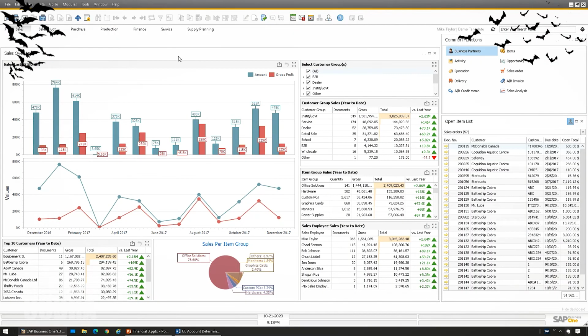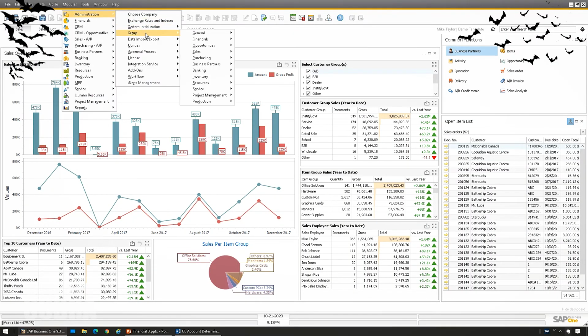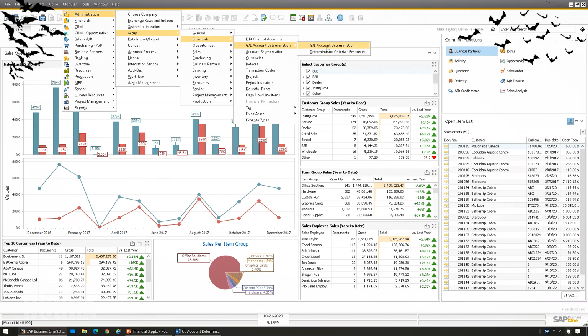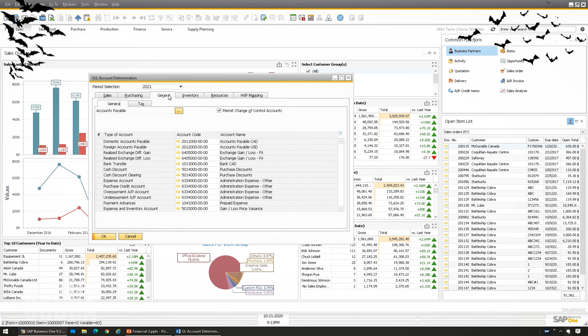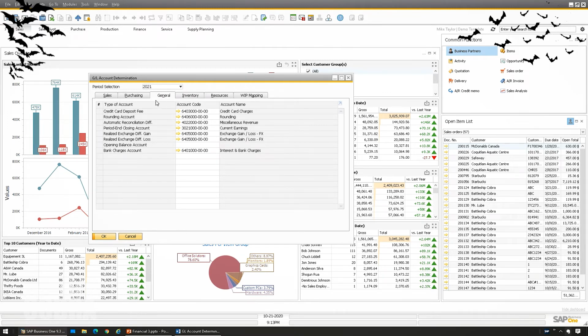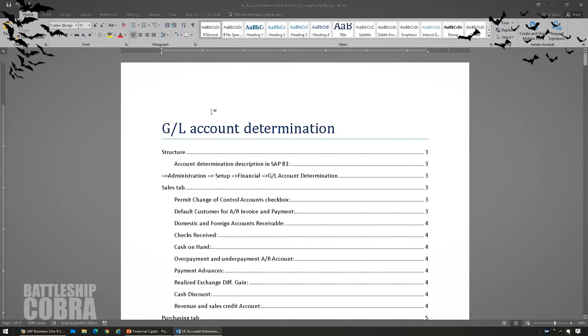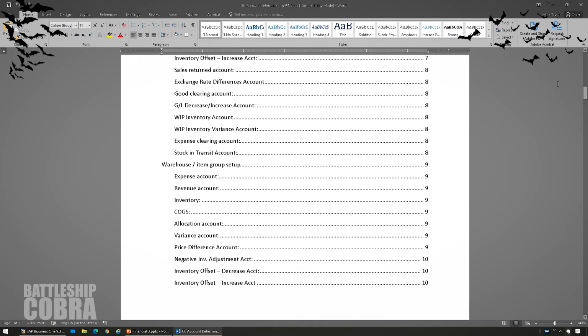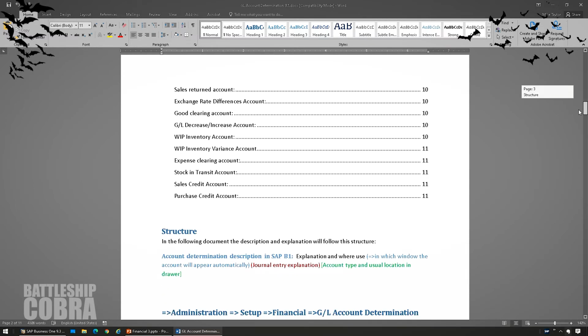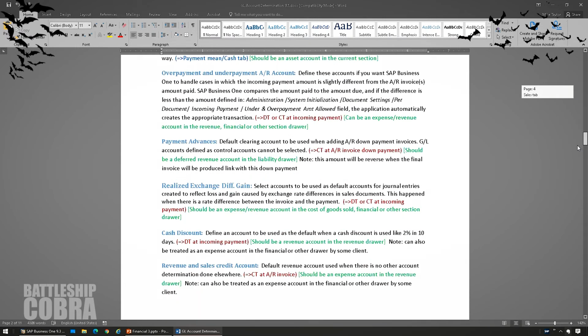So as you know, GL account determinations: modules, administration, setup, financials, GL account determination. You can see all these different classifications for all these different things: sales, purchasing, general, inventory. And then you can look at this GL account determination guide. I didn't write this, but this is really, really good. I use this all the time. So this defines all the classes of all the different accounts in all the different areas.